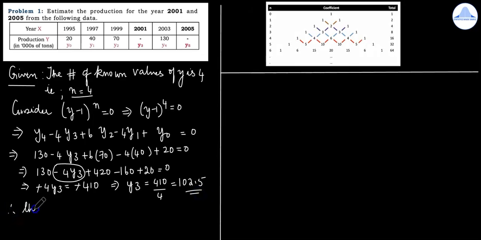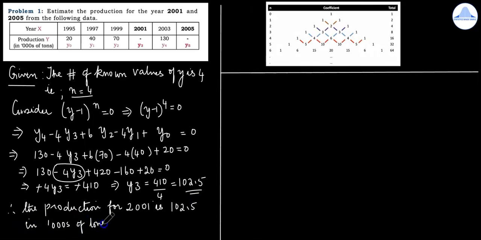So therefore the production for 2001 is 102.5, and then we write in thousands of tons.